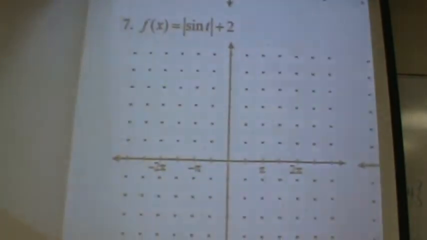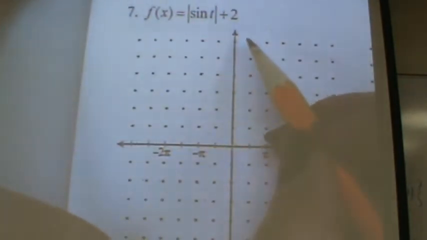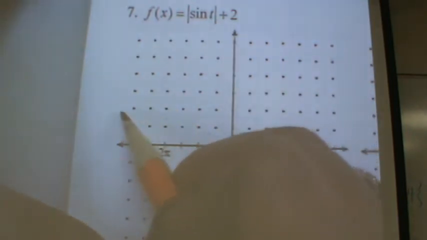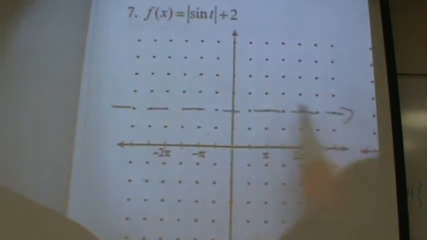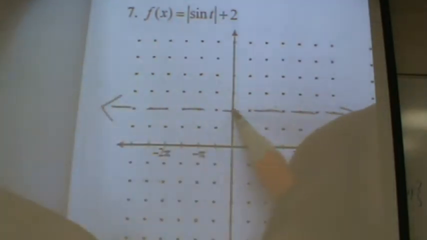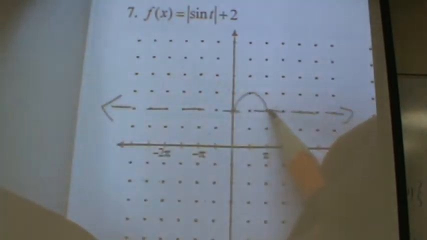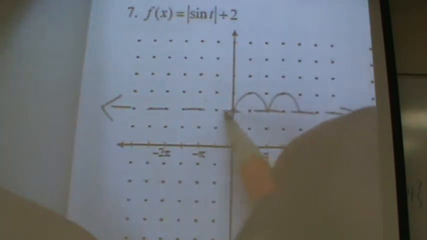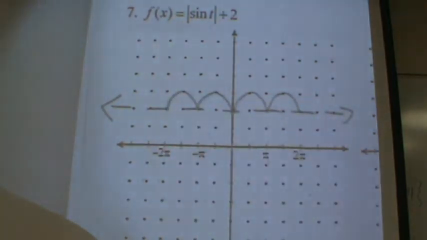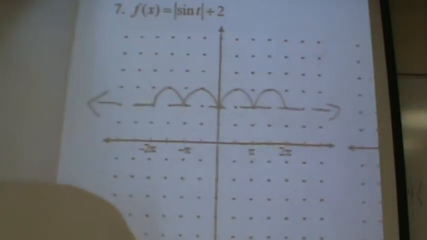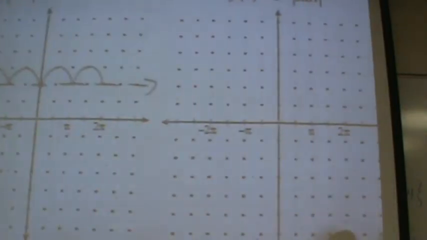Number 7, it's that sine graph, absolute value, but it's 2 units up. So you would start here and go. Just like that, 2 units up. Number 8.